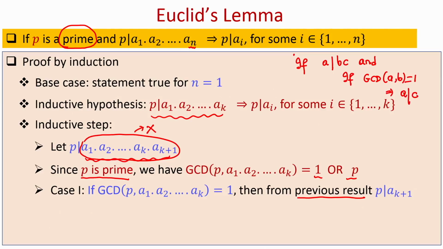So, my x is the product of the first k numbers and the k plus 1th number.